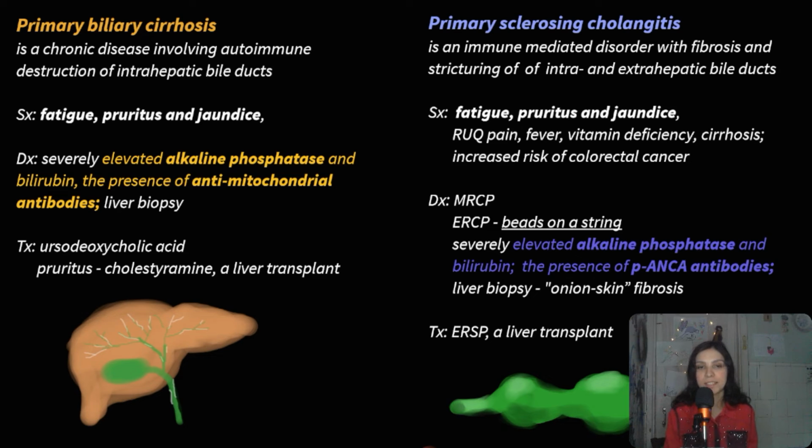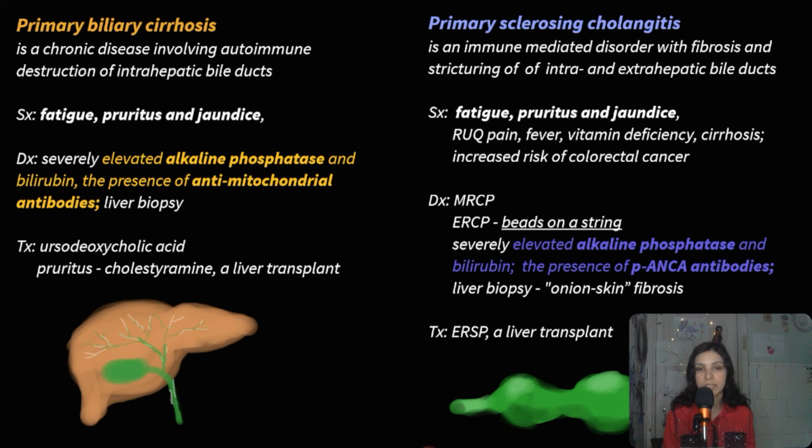So let's start with primary biliary cirrhosis. It's an autoimmune disorder, with destruction of intrahepatic bile ducts. And if it's an autoimmune disorder, it means females will be affected more than males. Symptoms are fatigue, pruritus, and jaundice.